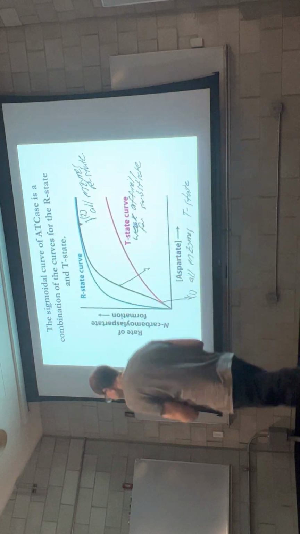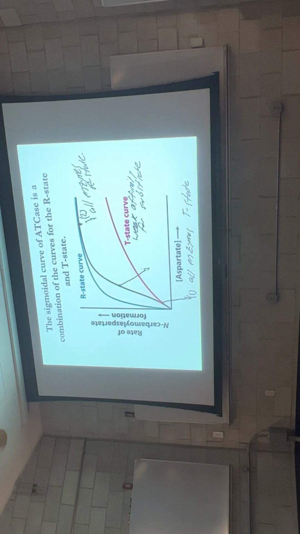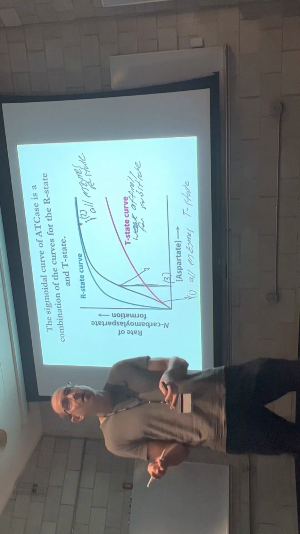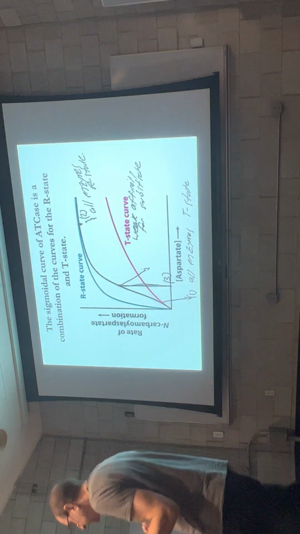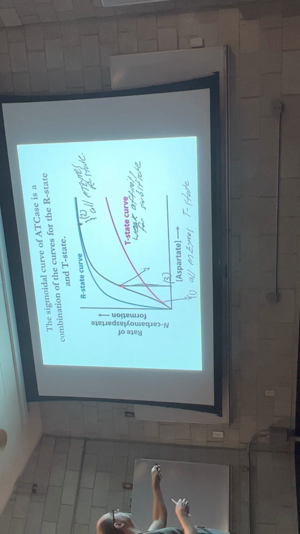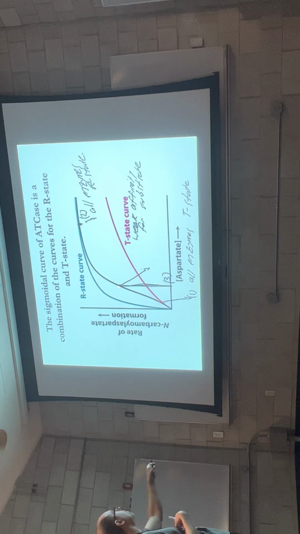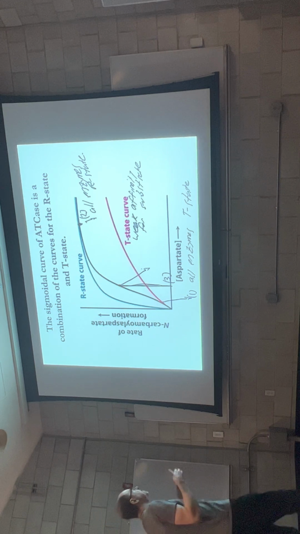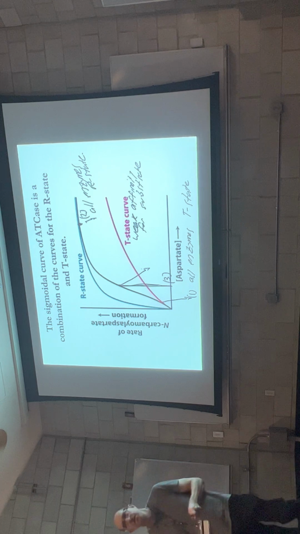So this is going to be the substrate concentration that I want to talk about right now. Green. At that substrate concentration, if we have the ability to estimate the fraction of enzymes that are in the T state and the fraction of enzymes that are in the R state, we would get fractions that correspond to the difference between here and here for the R state and here for the T state. I said that really poorly, so let me try that again.